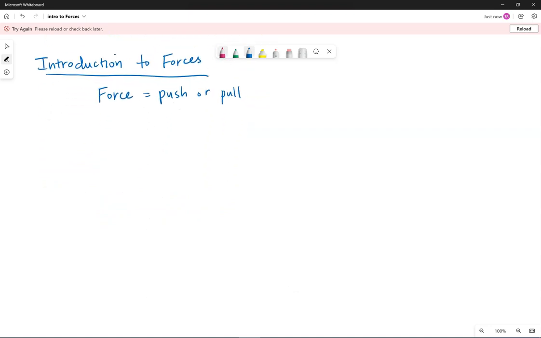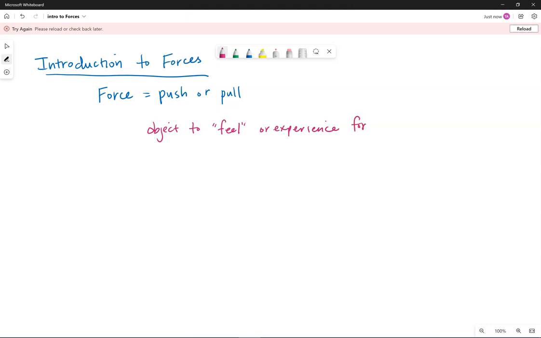A couple of things first. When we talk about a force, we need an object that's going to "feel" the force. I put feel in quotes because, of course, a box cannot feel anything, but in terms of an object to feel or experience the force.